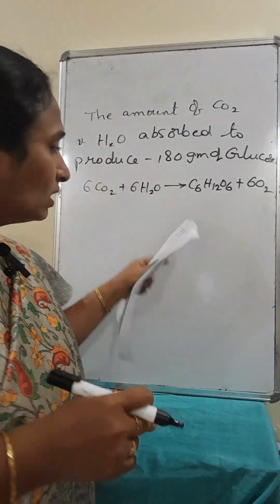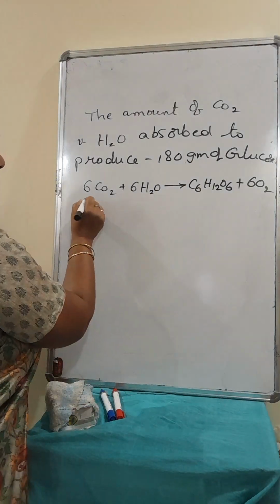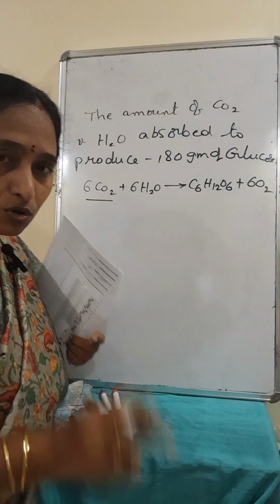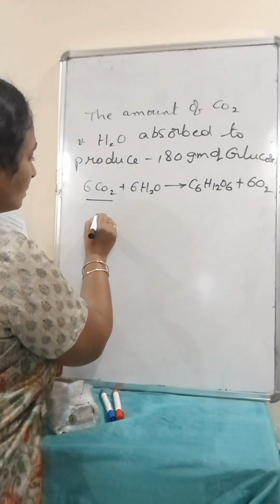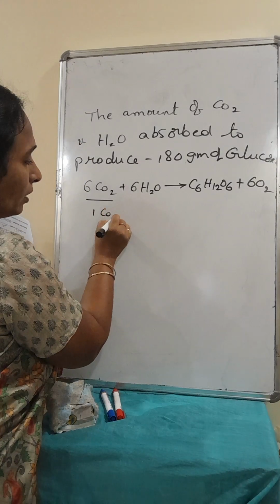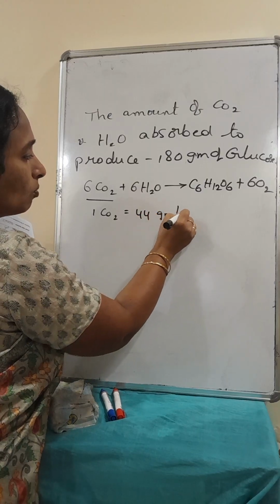Now, after framing this equation, you come back here. 6 CO2 means 6 molecules, and one carbon dioxide molecule has a molar mass of 44 grams per mole.